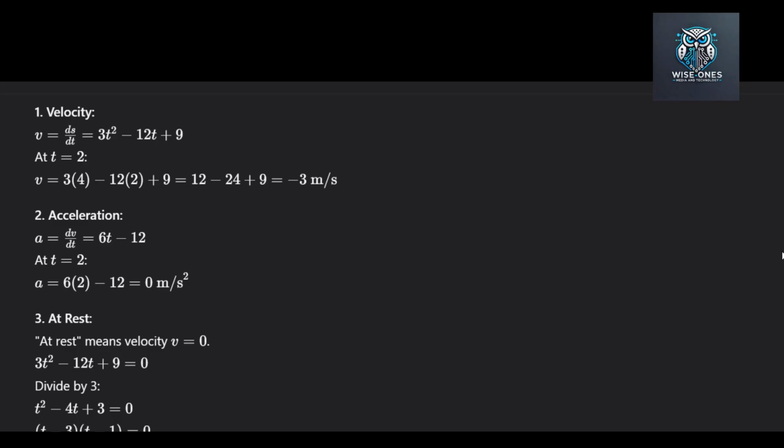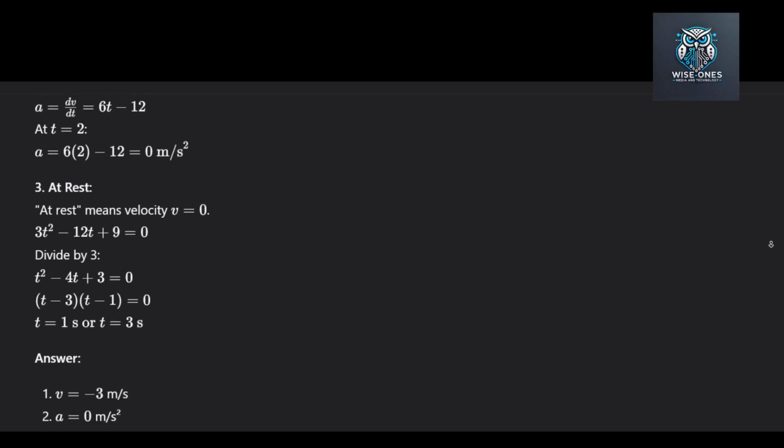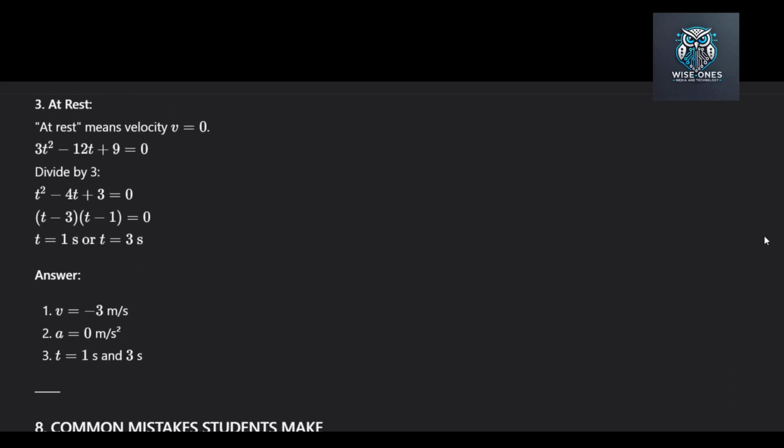Factorize. We need numbers that multiply to 3 and add to negative 4. Those are negative 1 and negative 3. So open bracket t minus 3 close bracket times open bracket t minus 1 close bracket equals 0. So t equals 1 second or t equals 3 seconds.